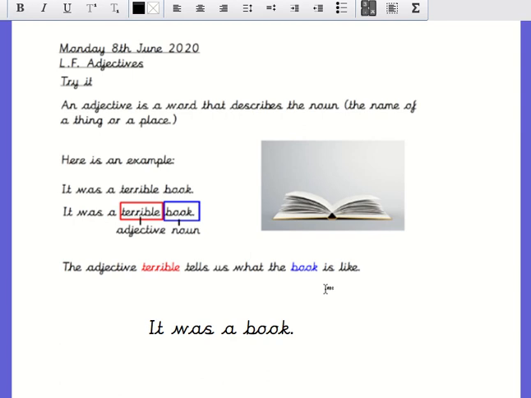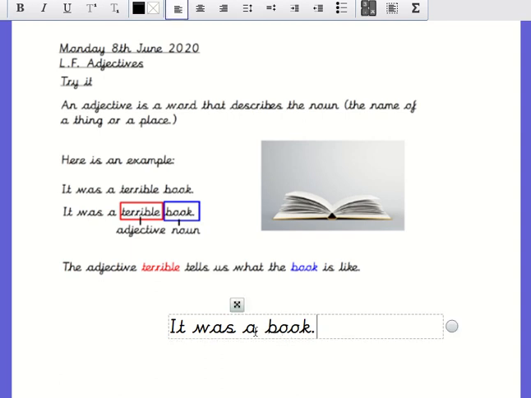Okay, so that's brilliant. There's a number of different adjectives we could use here to describe the book. She's chosen terrible. Now, we need to be a little bit careful when we're choosing our adjectives to make sure that they make sense. There's lots of adjectives out there in the world, and we need to make the choice about which is the right one. So, let's have a look at this sentence here. I've taken out Mrs. Sandbrook's adjective, and I've just got the noun. It was a book.